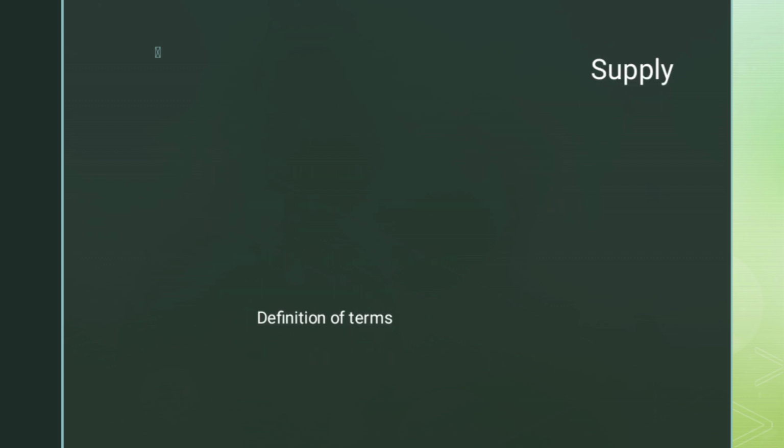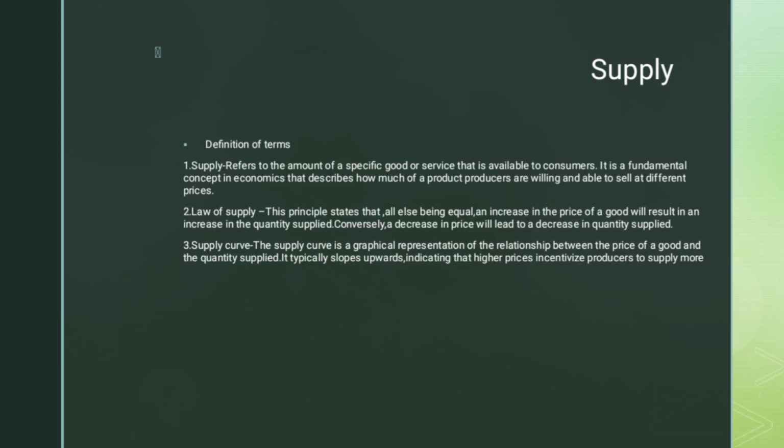The next subtopic we are going to cover is supply, whereby we define supply as the total amount of a specific good or service that is available to consumers. It is a fundamental concept in economics that describes how much of a product producers are willing and able to sell at different prices.